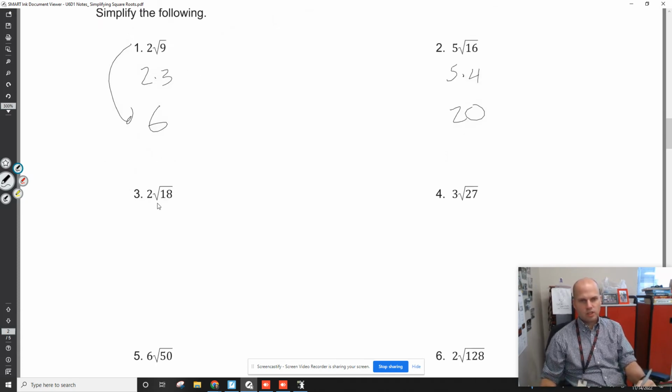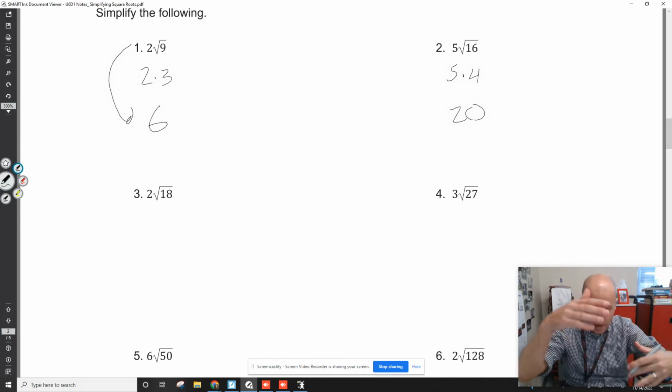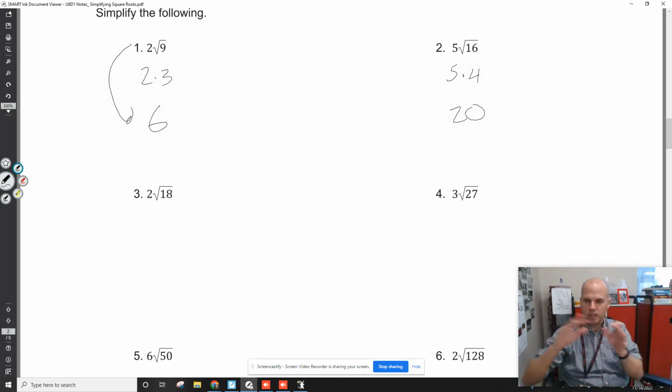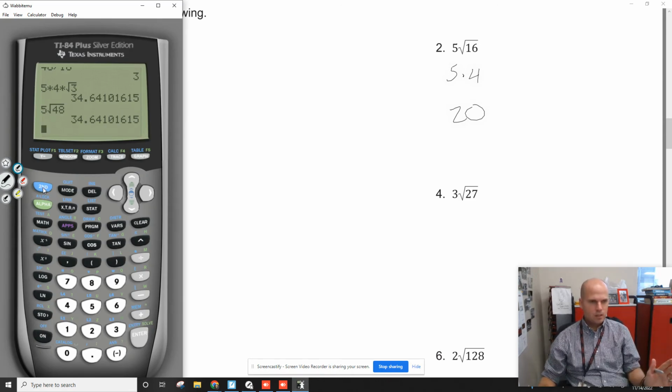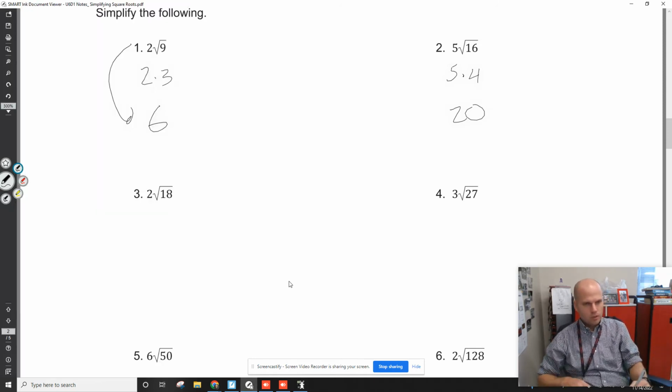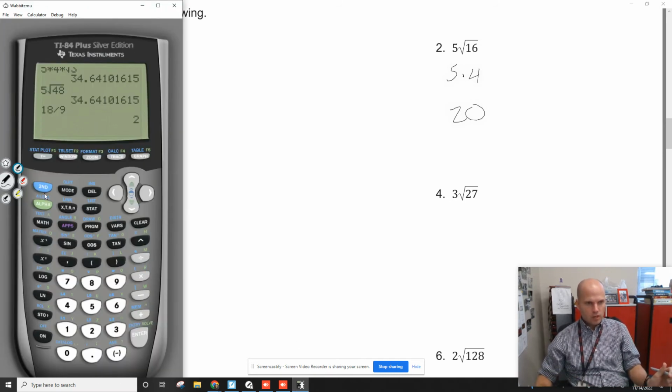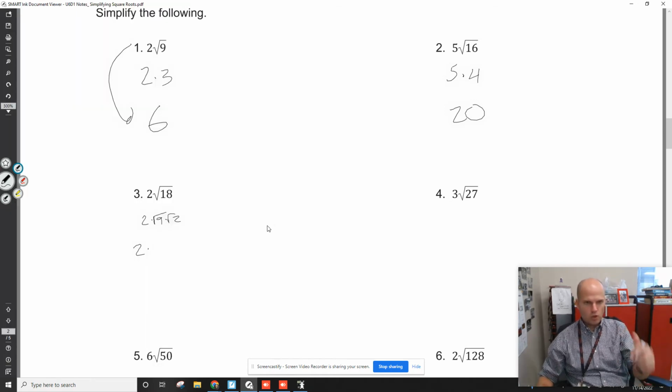But it's more like situations like this when we need to simplify the root and then combine the numbers and leave the root that can't be simplified. So I'm going to focus on the root 18. Root 18, I know it's not going to be 16, so it's got to be 9. So root 18 is root 9 times root 2. So I got 2 times root 9 times root 2. The square root of 9 is 3. Look, you type in the square root of 9, you get 3, so you don't put root 3.